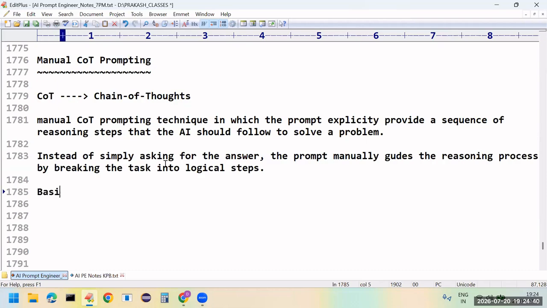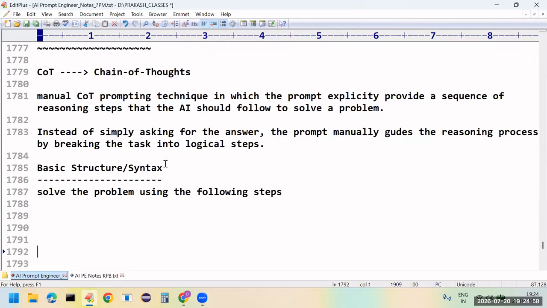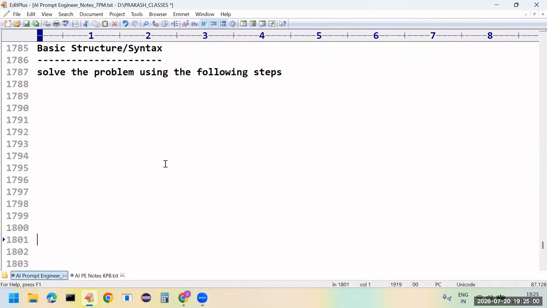Now, what is the basic structure or syntax that we have to follow in manual CoT? Very simple: solve the problem using the following steps. That's all. You will write the problem and ask ChatGPT to solve it using the following steps. Just a generalized example. Step 1: identify the given information.